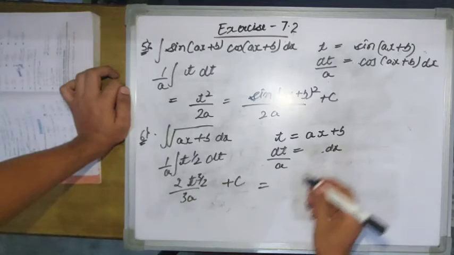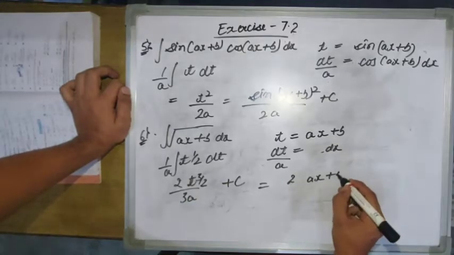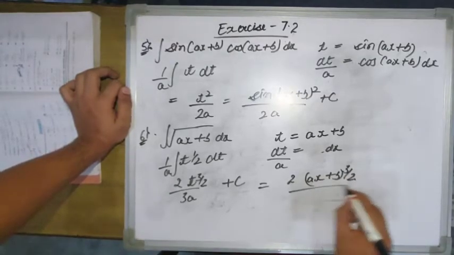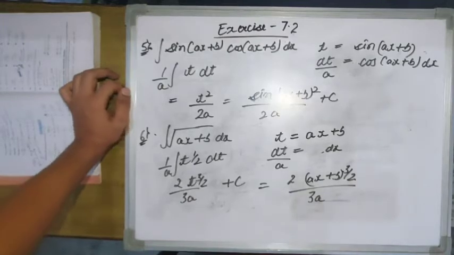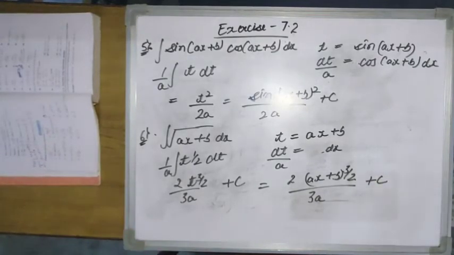Putting the value of t again here, we have 2 (ax+b) raised to power 3 by 2 upon 3a plus the constant term. So this is the sixth question.